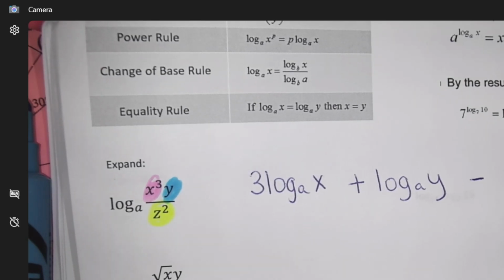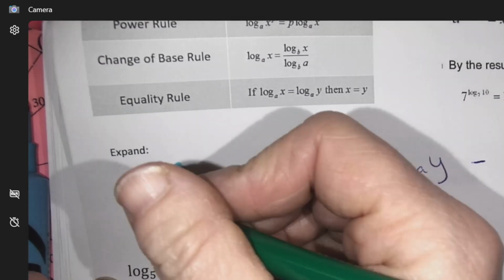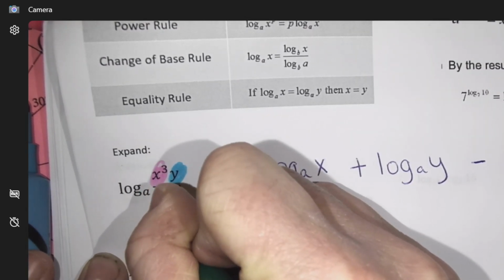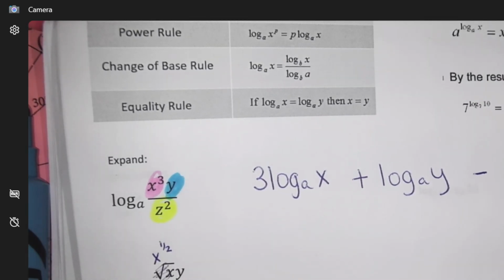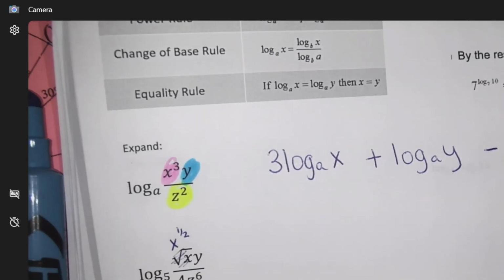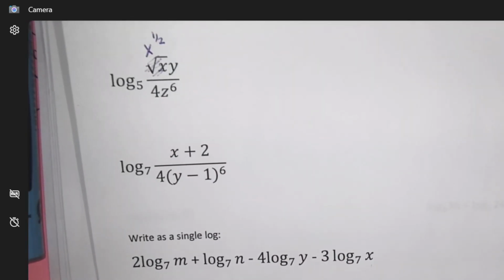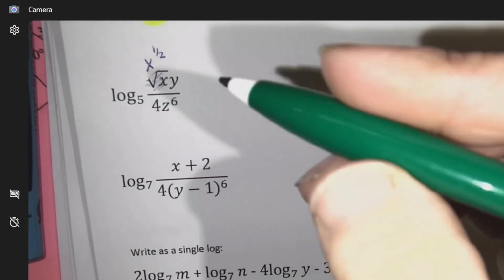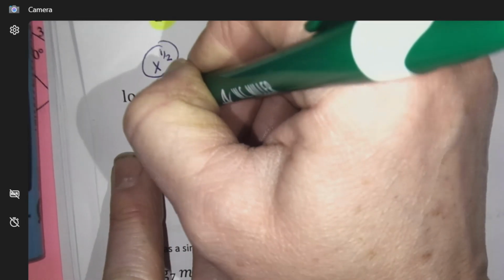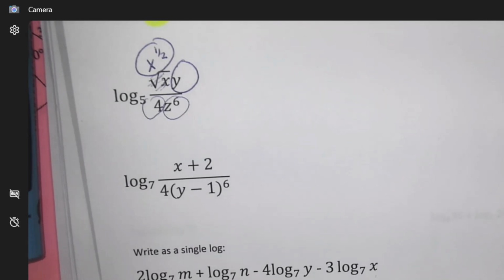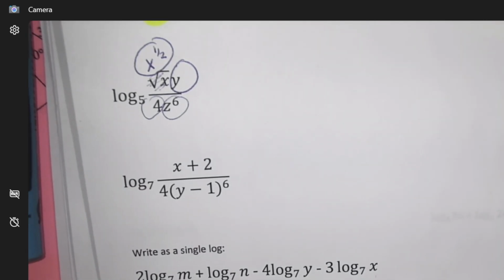Okay, this next one, there's a couple things I'm going to do here. I'm going to change the square root of x to read x to a half. And when I think about this, there's going to be 4 items.